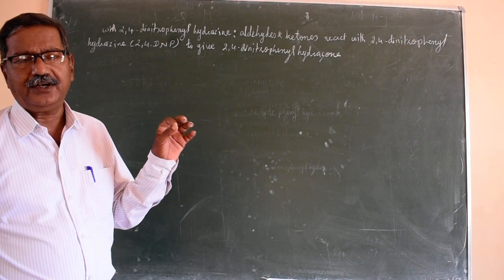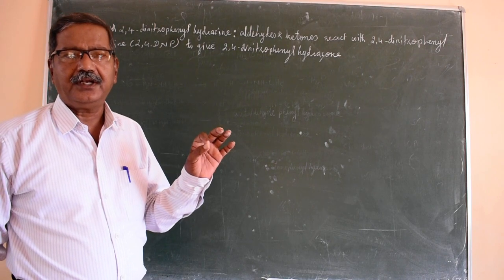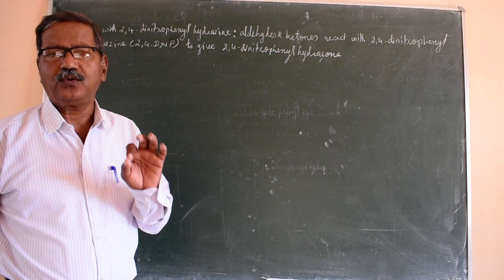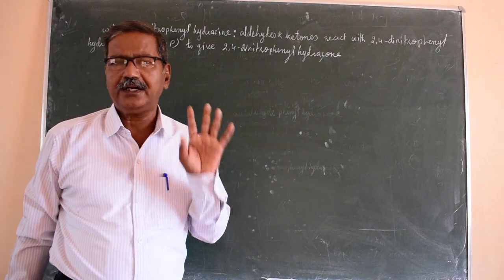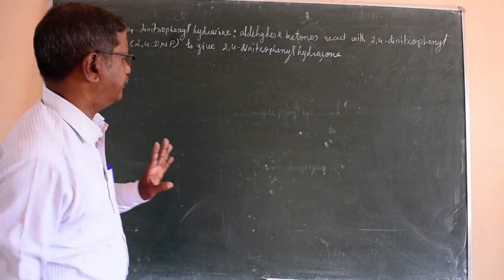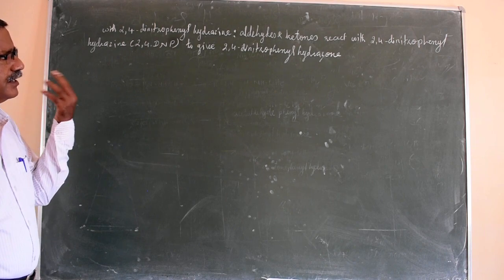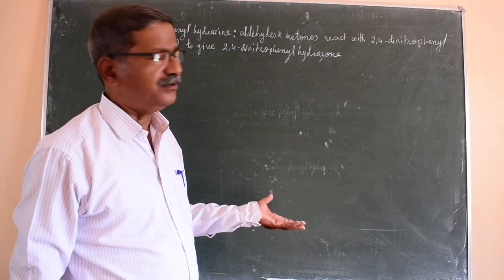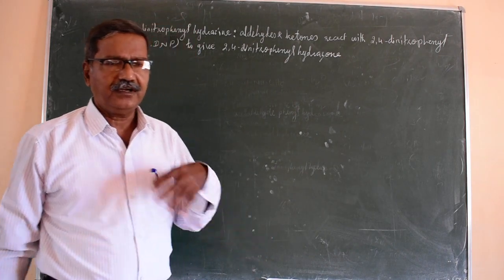So it is NH2NH C6H3 (NO2)2, meaning NO2 are at the 2 and 4 positions. So the product is, in the case of hydrazine, hydrazone, phenylhydrazine, phenylhydrazone, and 2,4-DNP, 2,4-dinitrophenylhydrazone.